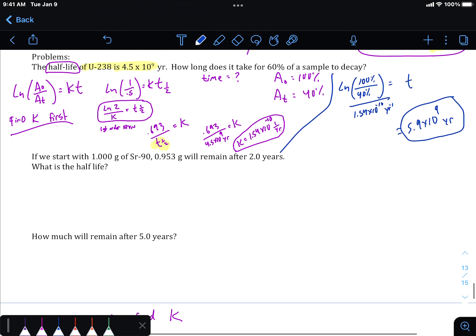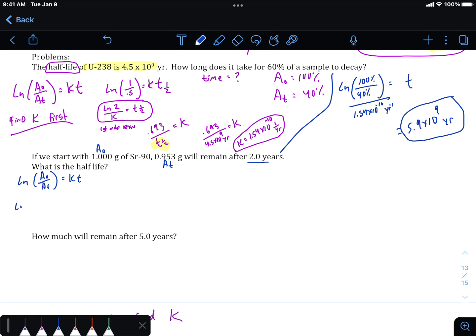Okay, so if you're not quite done, that's okay. So ln a sub naught over a sub t is equal to kt. So to find the rate constant, we have our original and our final amount, and that's what we had after 2 years.